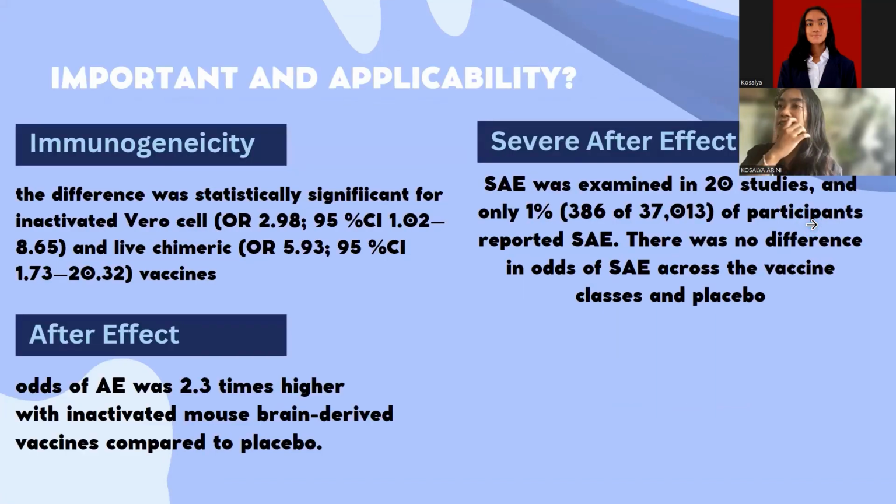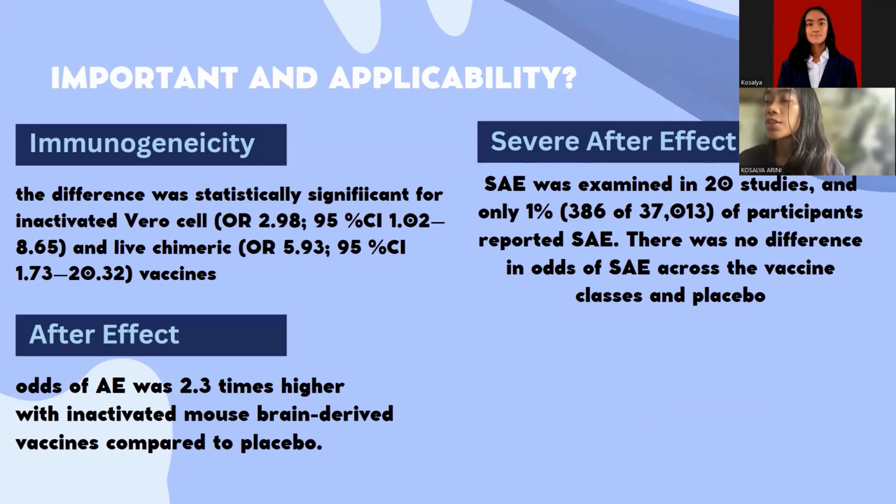Next, we talk about whether the study is important and whether the result is applicable. We can determine whether it is important by the results of the study, from the outcomes of immunogenicity, adverse effect, and severe adverse effect.